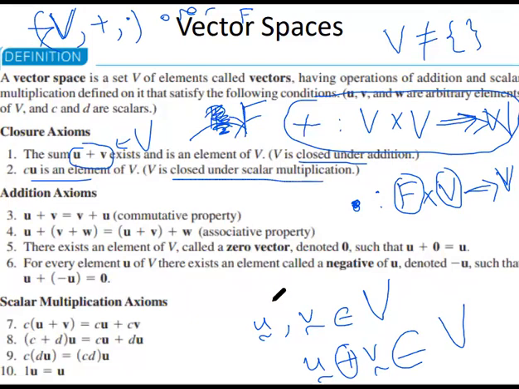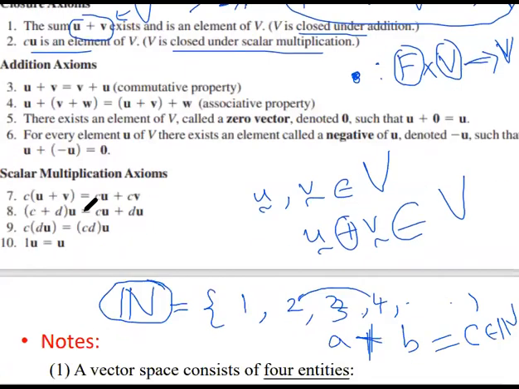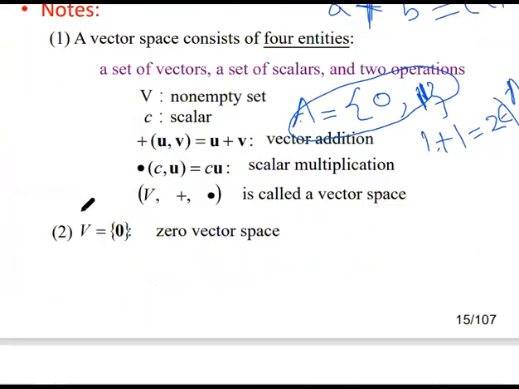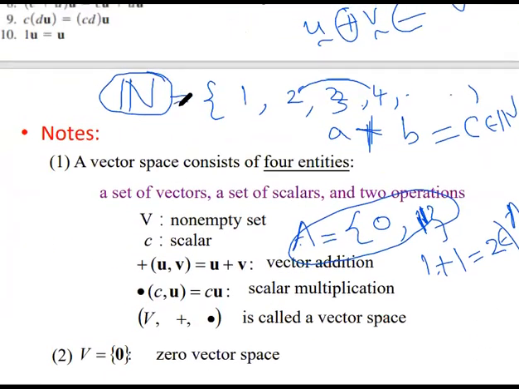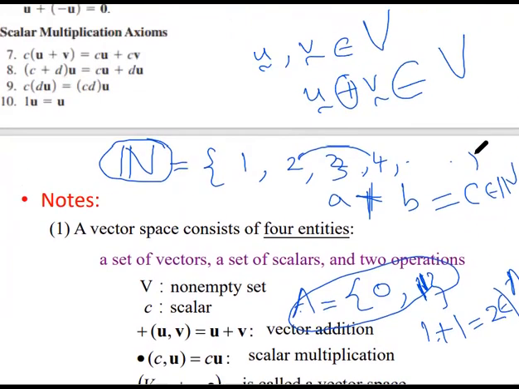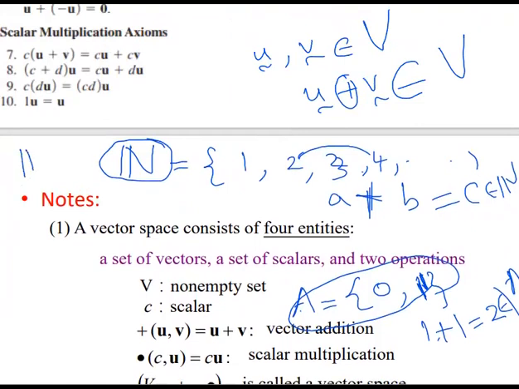Let's try to understand the second one using an example. Let's take natural numbers, the counting numbers 1, 2, 3, 4. This time our field is R. So this is our field.